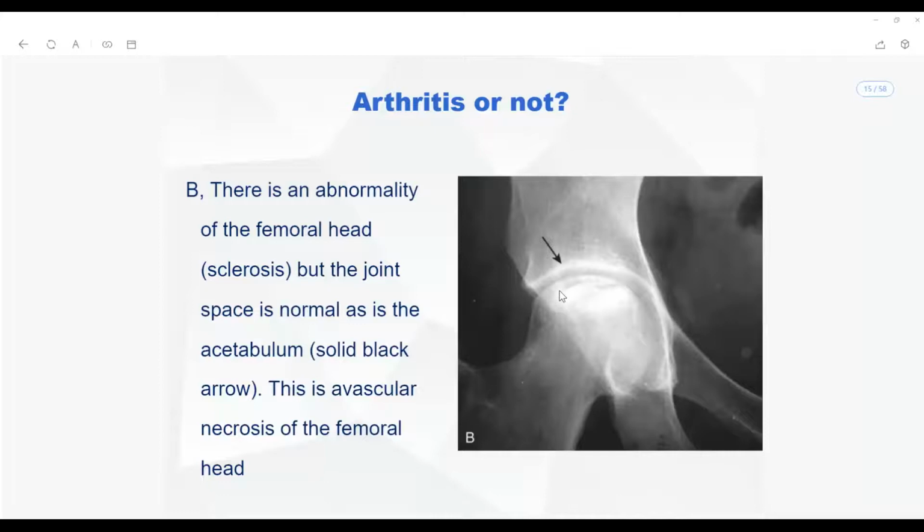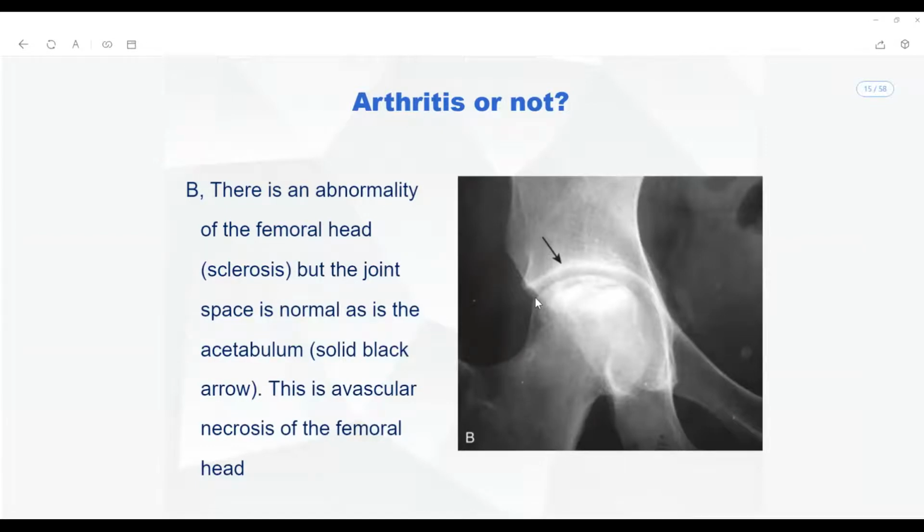So this one particularly talks about the avascular necrosis of the femoral head, right? So reduction in the blood supply to the femoral head is what causes the avascular necrosis, and the osteosclerotic changes, along with some areas of reduced density or radiolucency that are present here, are talking about the avascular nature. Well, this is not arthritis.